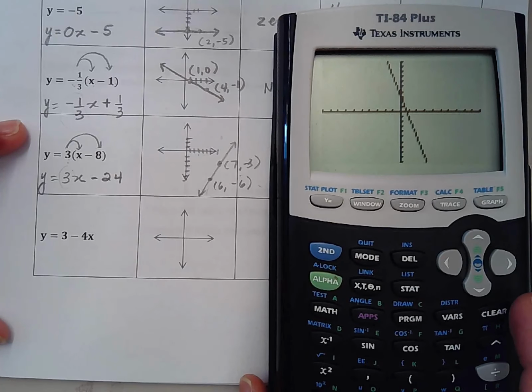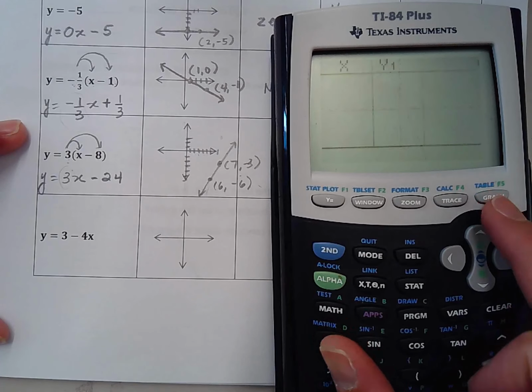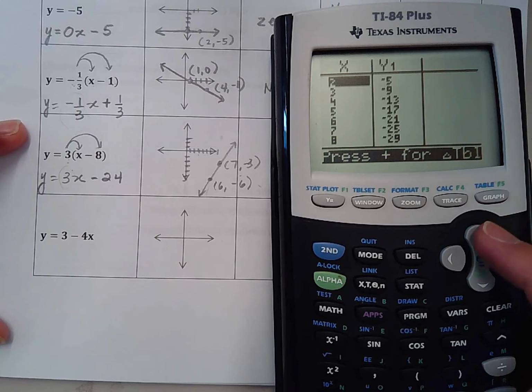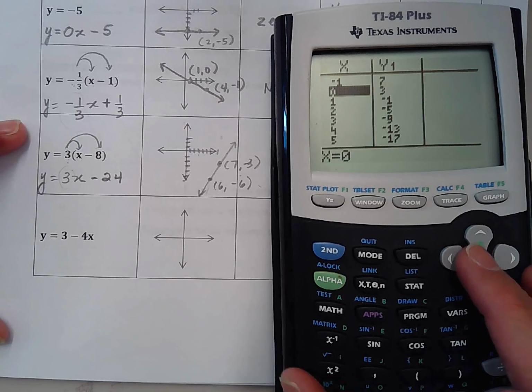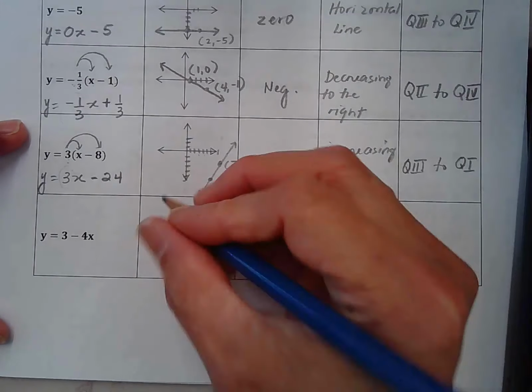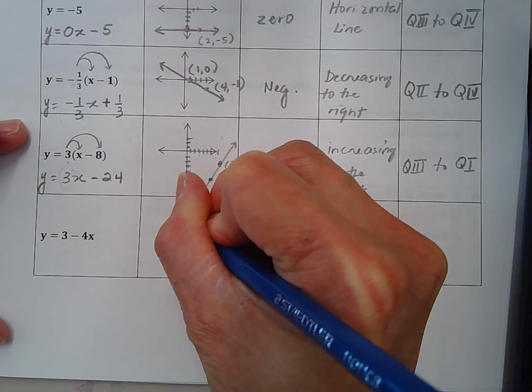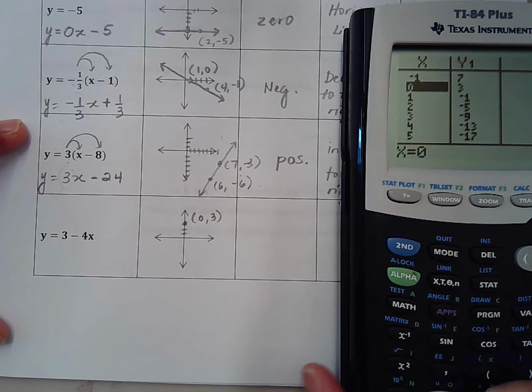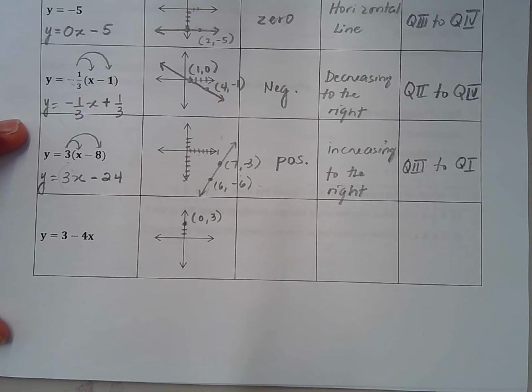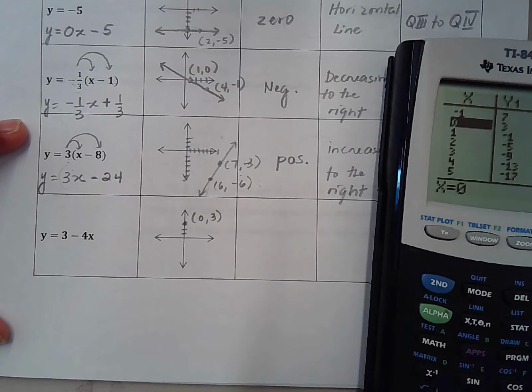Okay. So let's pick up some points. The first point I'm going to put is 0, 3. And then the next one would be -1, 7. I'll do -1, 7.